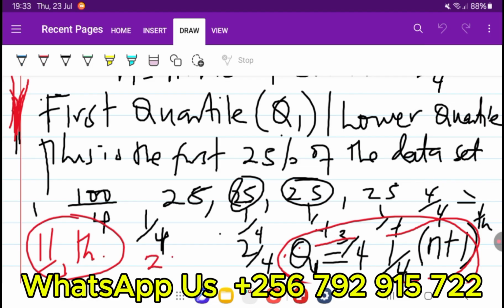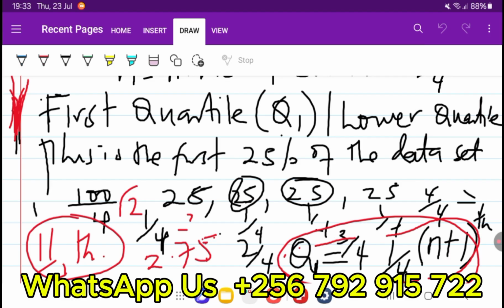It is 2.75. So the value is going to be in between the second value and the third value. You get those two values, you add them, and then you divide.